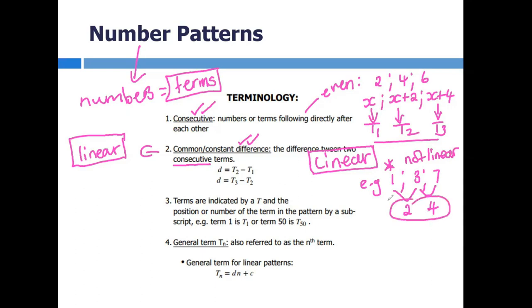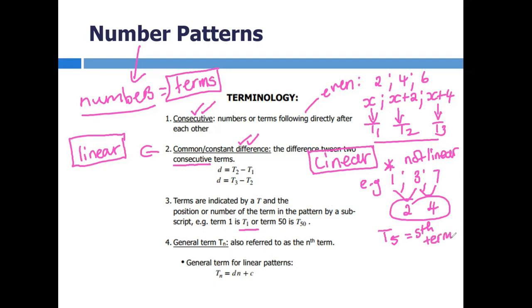So the moment the difference is the same, then we call it linear. So in this section, we'll be dealing with those terms, right? Now, remember, I've already said that under number patterns, we don't call them numbers. When you are in a sequence or in a pattern, we call them terms, and we use T to denote term. So if I say T5, I mean the 5th term. That's what that means.